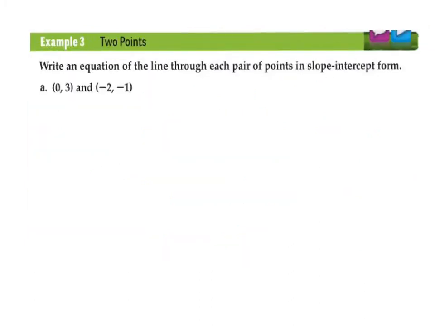Given 2 points, write an equation of a line through each pair of points in slope-intercept form. So we have the points 0, 3 and -2, -1. First things first, we need to find the slope. So we're going to use our slope equation. m is equal to our rise over run, or the difference in y values over the difference in x values.